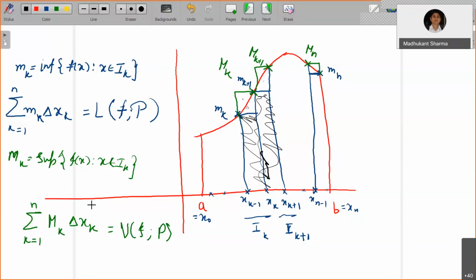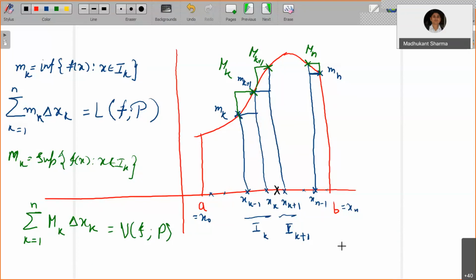Okay, sir. Right. I just want to add one or two points here, and then we will wind up. Suppose you consider one more extra point in between this area.